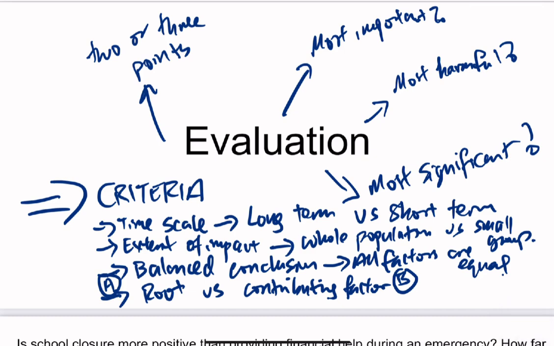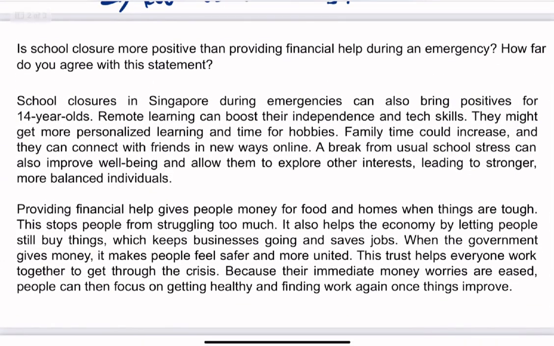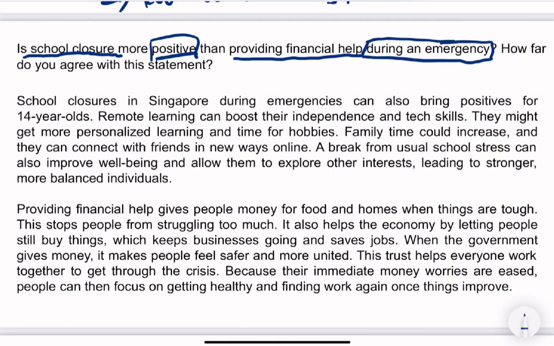Let's take a look at an example now to clarify this. So let's say we have this question: is school closure more positive than providing financial help during an emergency? Imagine you have already written your 2 paragraphs, where you describe and explain.